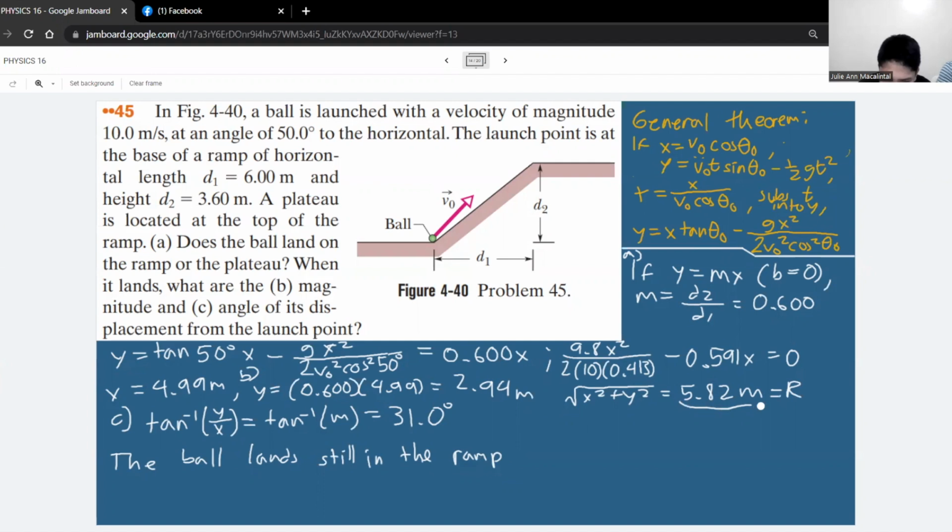So, the angle of the ramp is 31 degrees. So we know the angle, the initial speed is 10, and phi is 50 degrees. So plug that into your expression.